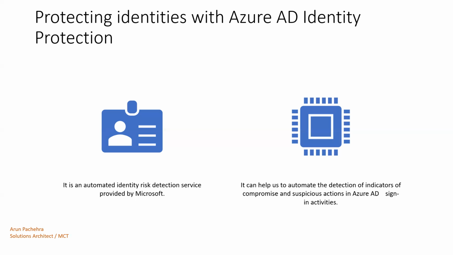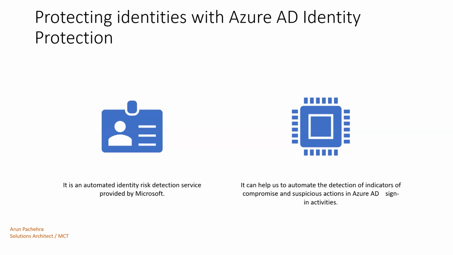By analyzing sign-in activities, we can uncover suspicious events that indicate that a user's identity has been compromised. For example, if we notice a sign-in event that deviates from a user's normal sign-in behavior, this could indicate that the user's identity is being used by someone other than the user.